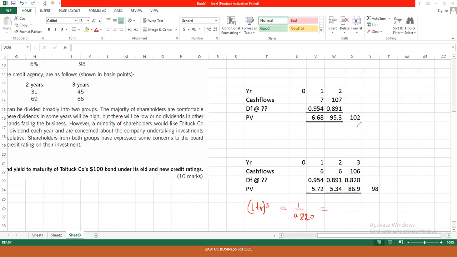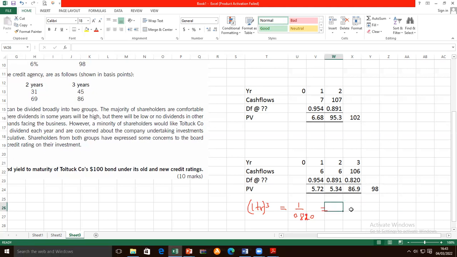So I'll use a spreadsheet to check what the answer would be. I say equals 1 divided by 0.82. So that's 1.22. I take this one and raise it to the power of 1 divided by 3.